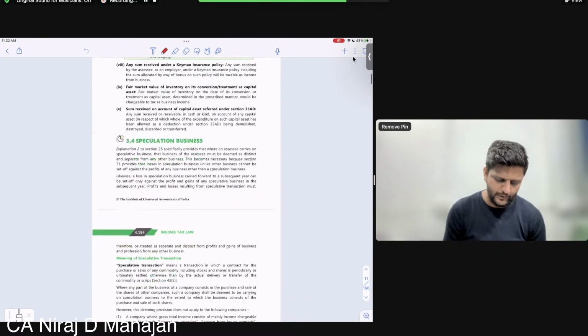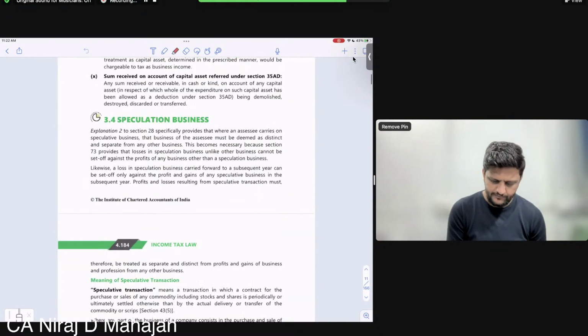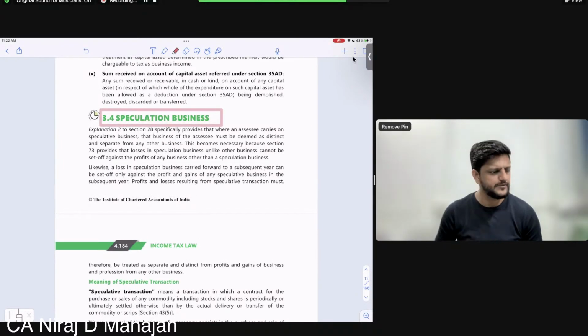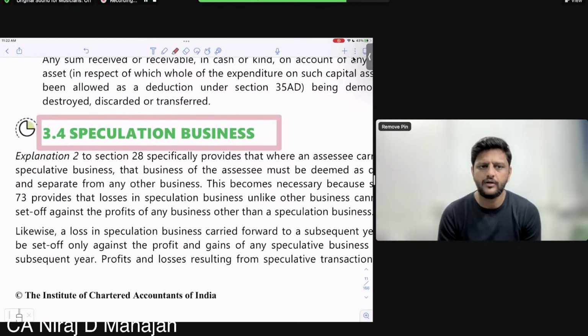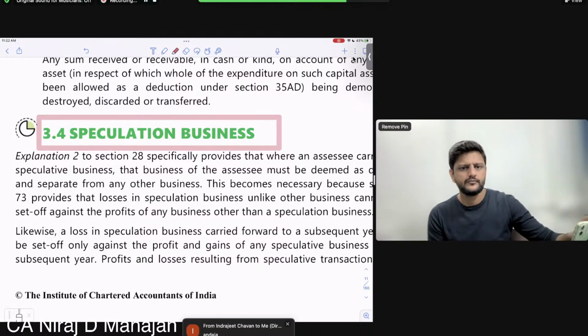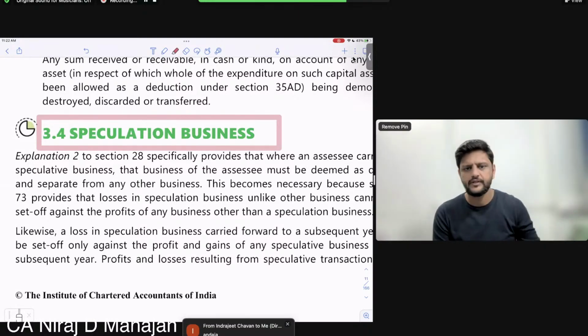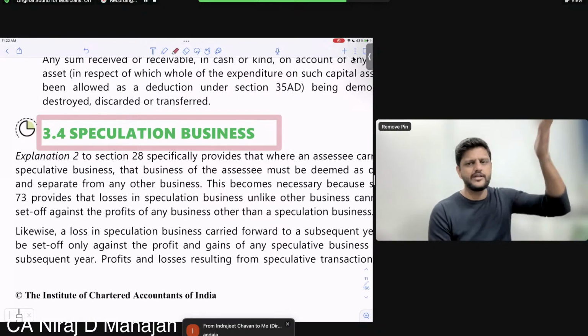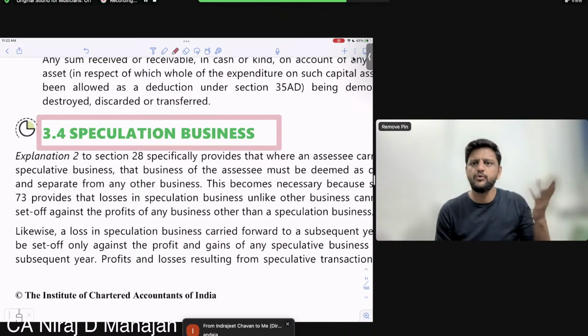You will read about this speculation business. Very important. What do we mean by speculation? Tell me, what do you think? Estimate, very good, nice, good answer. So you think prices will increase, you buy now. There is a bull market, a bear market.